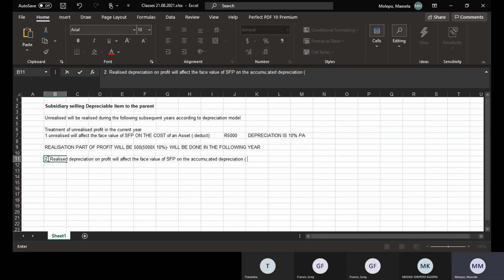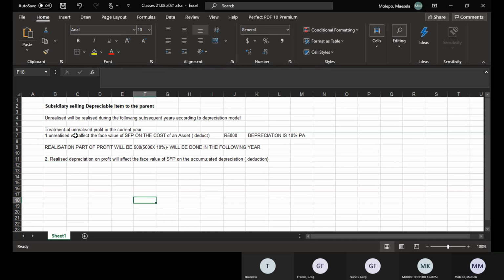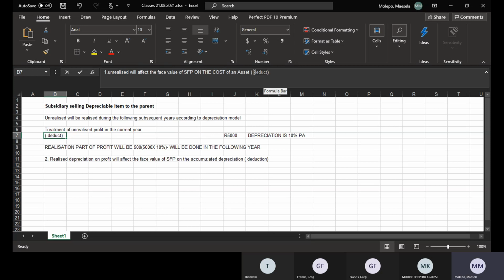And in this case, it will be a deduction. So this one, we deducted this part. Let me highlight it.